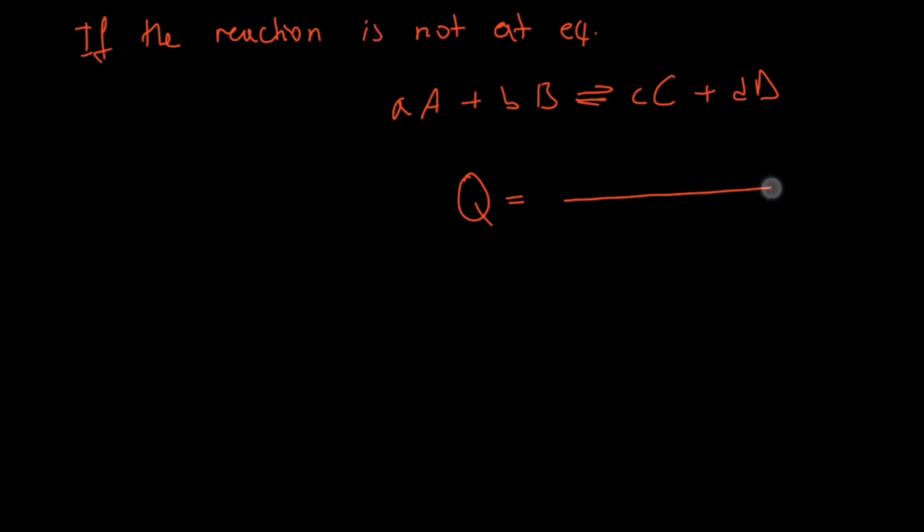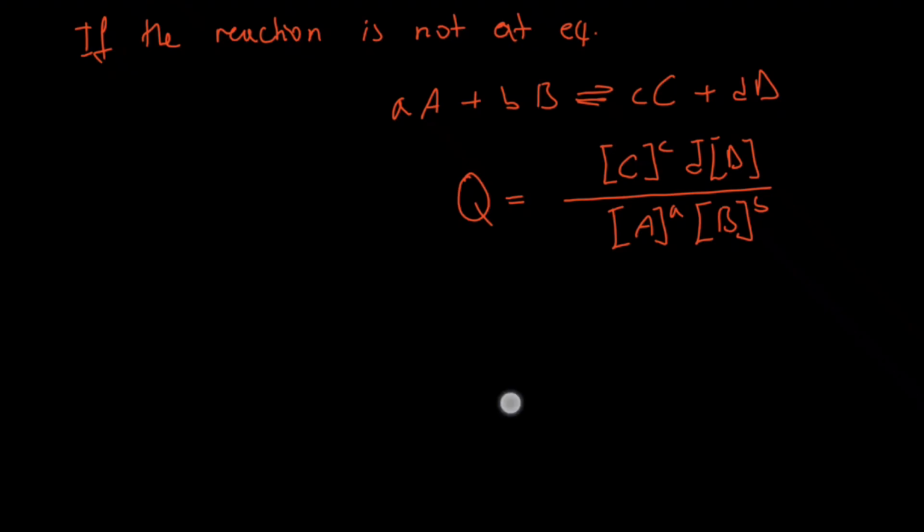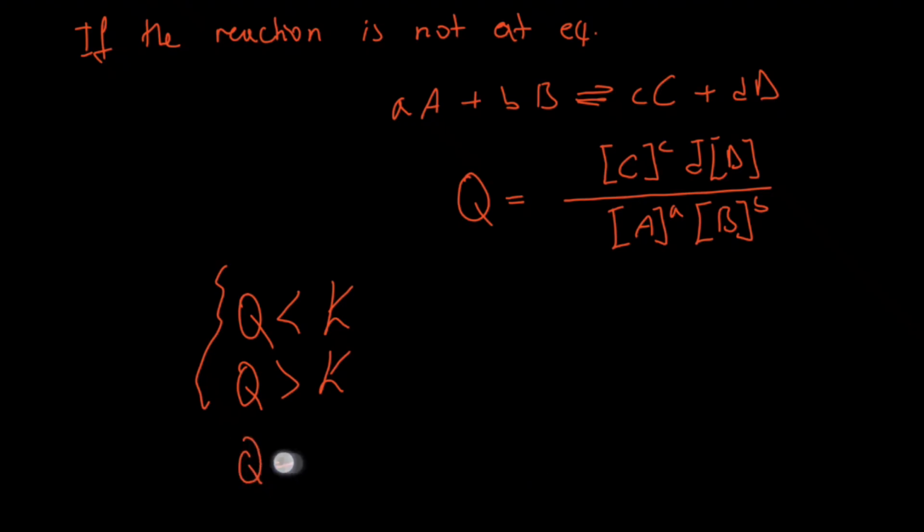If it is not at equilibrium, or we have a suspicion, then we write the same expression. However, in this case, Q might be smaller than K, or Q can be bigger than K, right? If Q equals K, then it means that the reaction is at equilibrium.